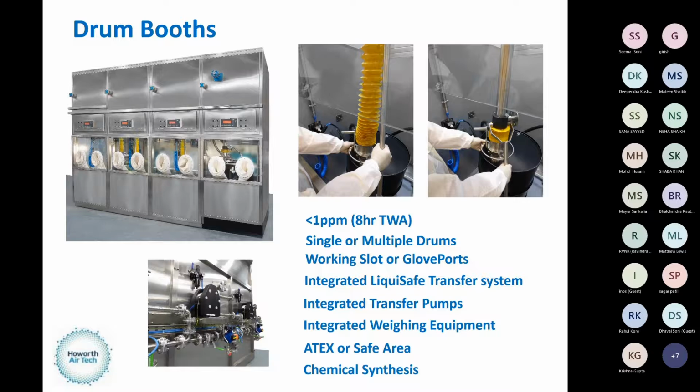So we're now housing these drums within enclosures, again similar to the Kilo Lab, where we use the single pass design. And this particular design now incorporates what we call a liquid safe transfer system. So that allows us to dock that lance into the drum. It's a cleaner system.